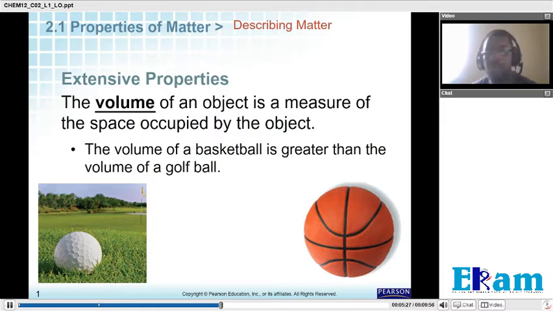All right, and obviously the volume is the space. The space that the golf ball occupies is its volume. The space that the basketball occupies is also its volume. So the amount of space a particular object occupies is what is known as its volume. Now, the volume can be for a solid, it can be for a liquid, and it can also be for a gas.